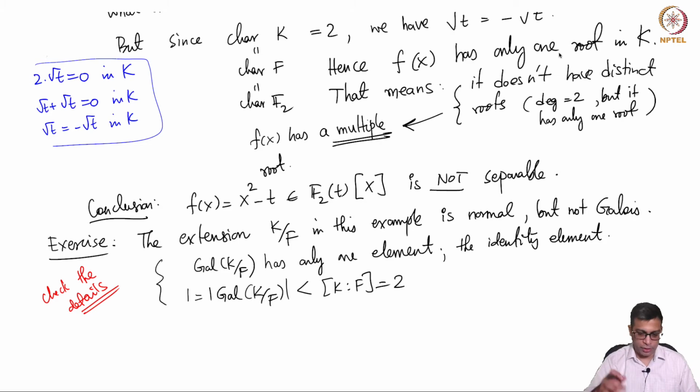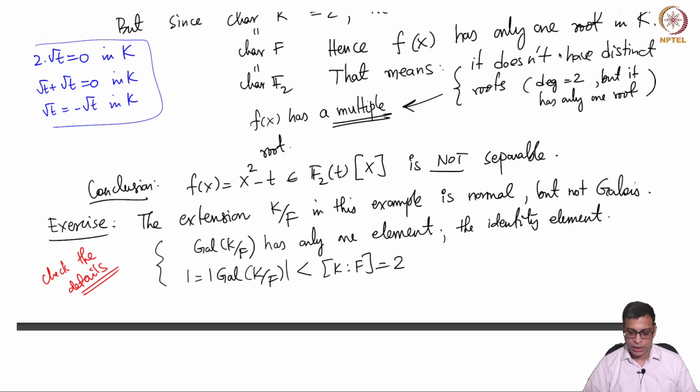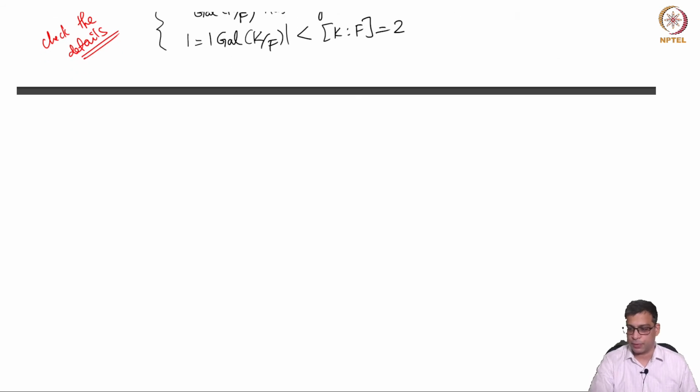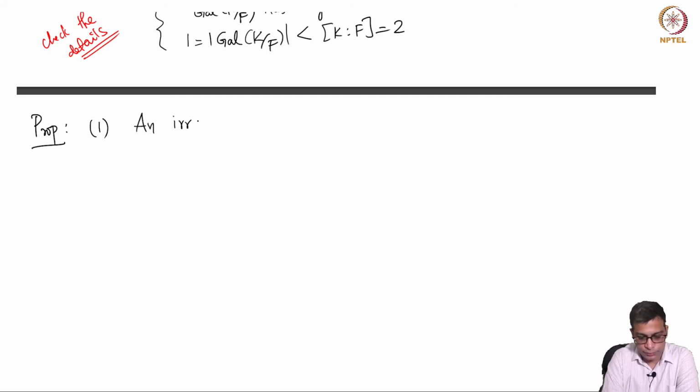Okay, so before we go on to that theorem that I want to prove, which is a crucial theorem about Galois extensions, let me introduce some properties of separable extensions because these are useful anyway to keep in mind. So I am going to write this as a proposition. First part: let F be any field.